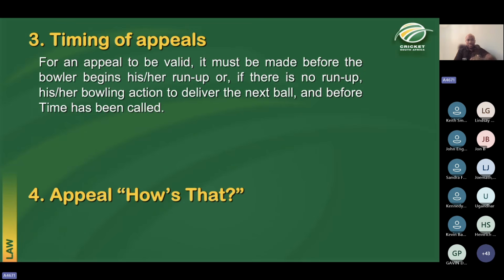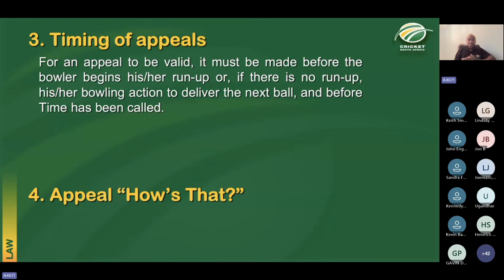What does this mean? So let's have a scenario where the bowler bowls the ball, there's a thin edge to the ball, the wicketkeeper takes a catch, but there is no appeal. Nobody close to the action heard a nick or saw a deflection, so they did not appeal.